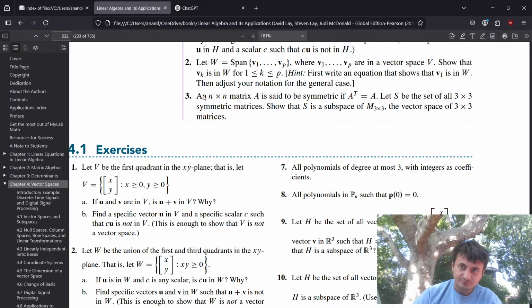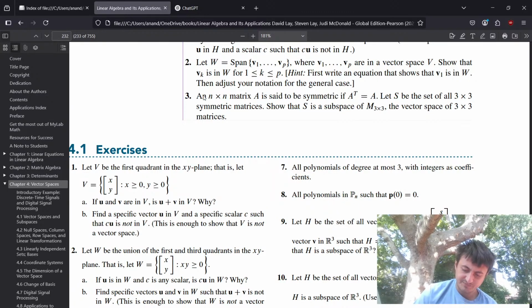Then, to show that it's closed under addition, I'm just going to do a 2 by 2. Let's say we have a, b, b, d. So this is A. Then A transpose is equal to a, b, b, d, so that just shows that it's symmetric.